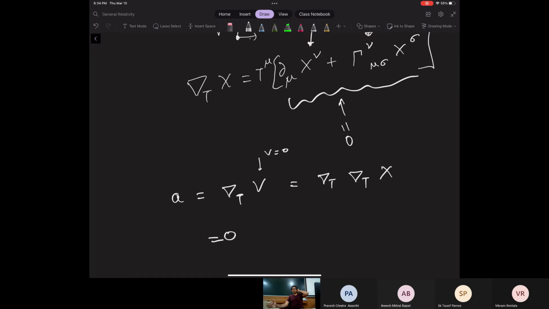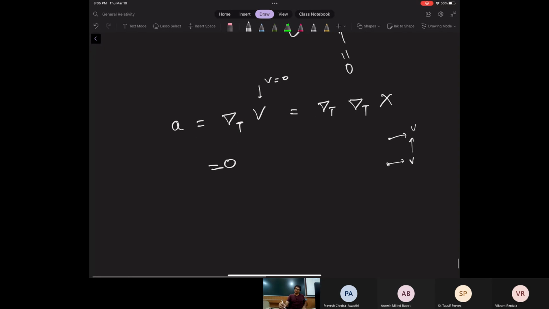I think that's what Sahas is also saying. So if there are two nearby locations where v is not changing, it doesn't even have to be non-zero. As long as v is not changing, then there's no curvature. And v is a measure of how much x itself is changing.